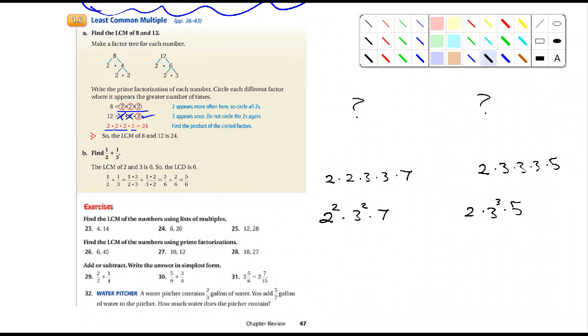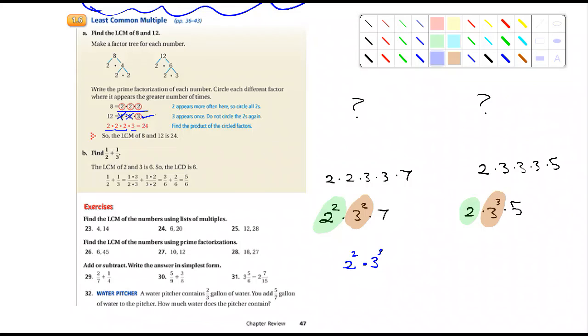So what numbers have the greatest number of factors? Well, they both have 2's. Which one is using more 2's? The first one. So it's going to be 2 squared times. They both have 3's. Which one has the greater number of 3's? And so this would be 3 cubed.